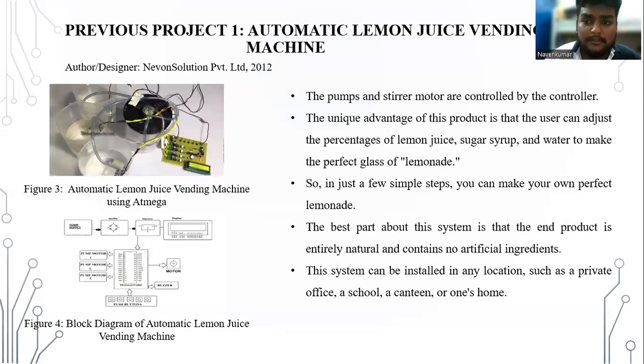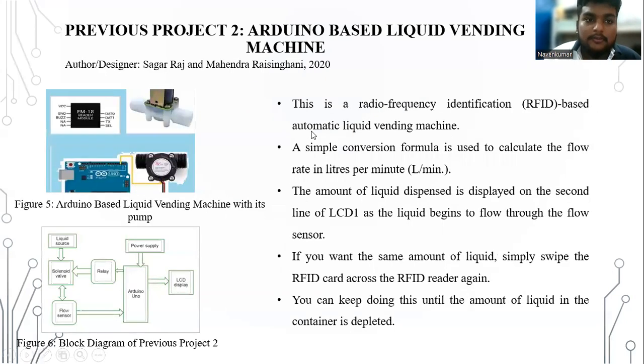So next, let me start with my previous projects. The first one is a lemon juice vending machine. This machine typically uses an LCD to integrate with the system and uses a microcontroller as well. For my second previous project, the title is Arduino based liquid vending machine.